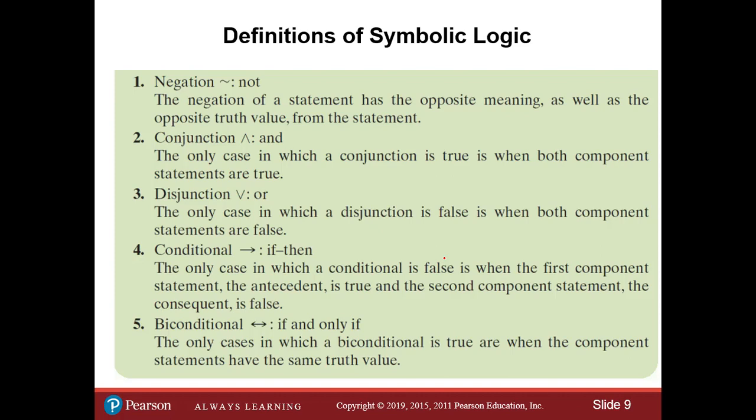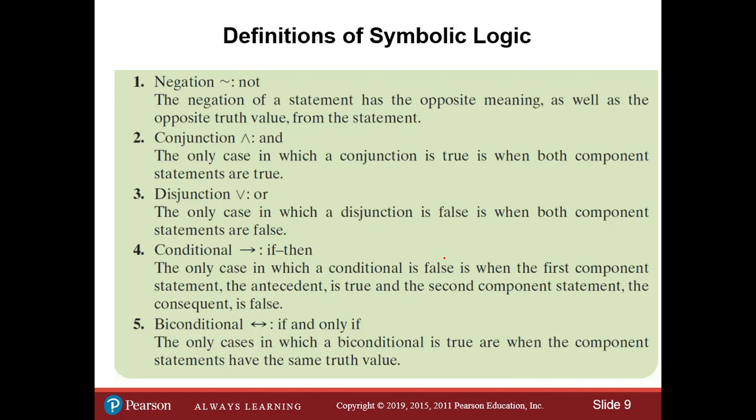So here are the definitions of symbolic logic. Okay, so one, negation, which uses the tilde, which means not. The negation of a statement has the opposite meaning as well as the opposite truth value from the statement. Conjunction has the upside down V, or the A without the crossbar. Okay, and, which means and. The only case in which a conjunction is true is when both component statements are true. A disjunction, which is like the little case V, which means or.